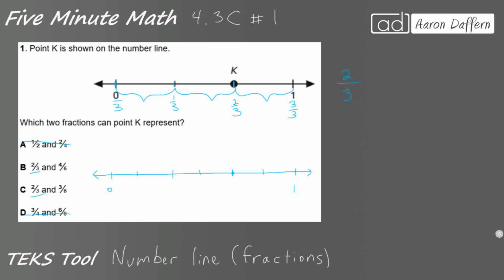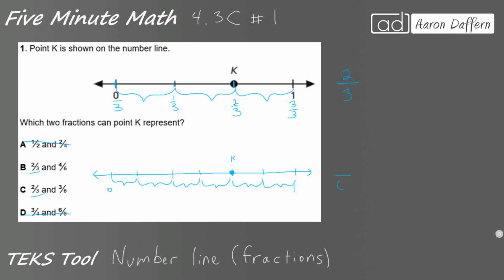You notice I've got the same part marked here. All I did is cut each third in half. I didn't shift where the K was, so K is still sitting at the exact same spot. But now I've got 1, 2, 3, 4, 5, 6.